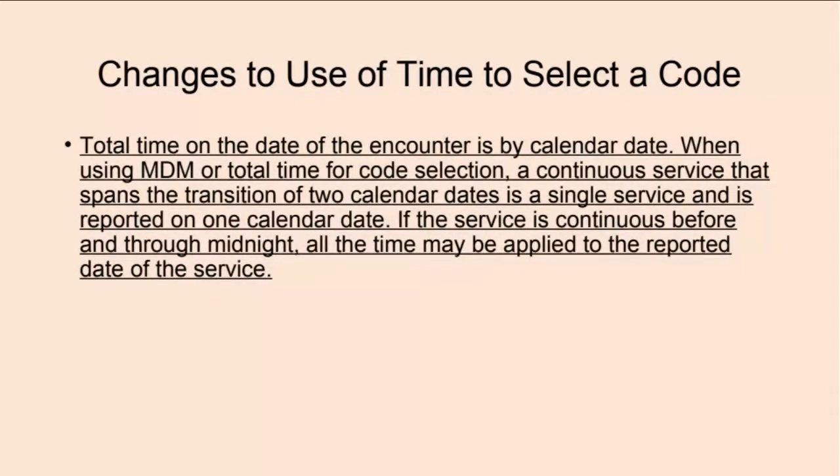So if the patient is seen by the physician from 10 p.m. on Monday to 6 a.m. on Tuesday, this is counted as time spent together. It's all added together before and after midnight, instead of one date for Monday and one for Tuesday with separate codes.